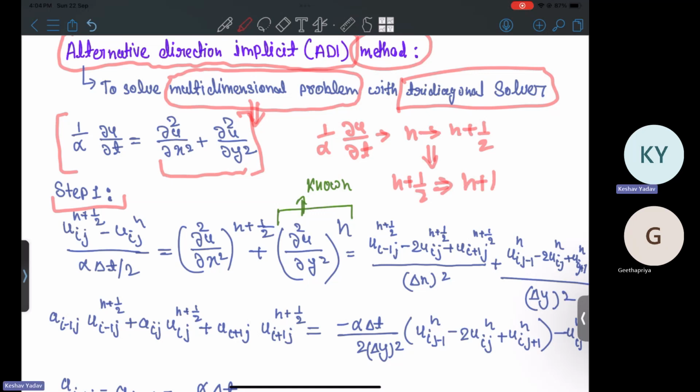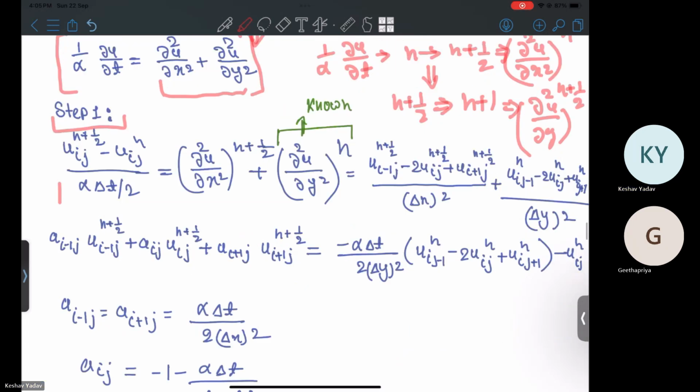When we go from n to n plus half, we will use del 2 u upon del x square at the nth step only, and similarly we will use del 2 u upon del y square at n plus half only, treating that one implicitly. So we are discretizing from n to n plus half.